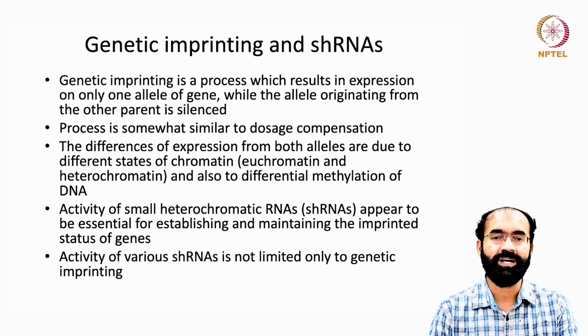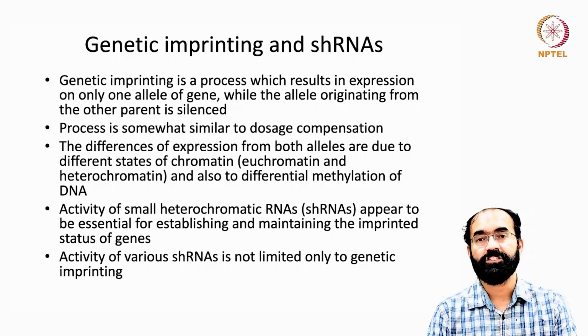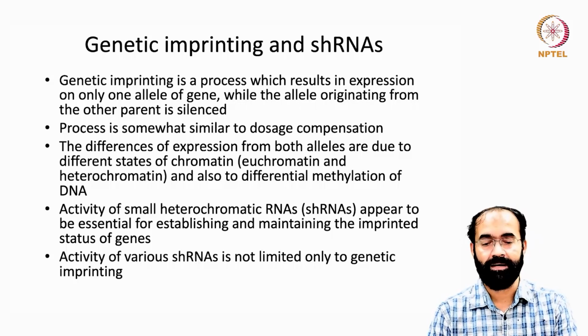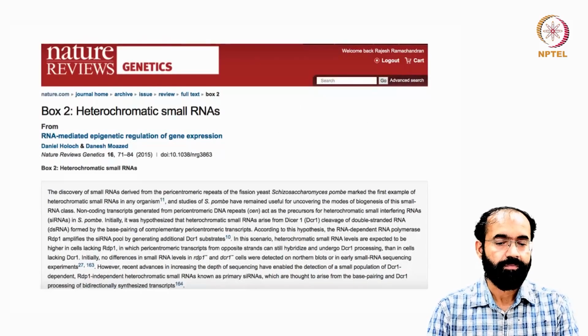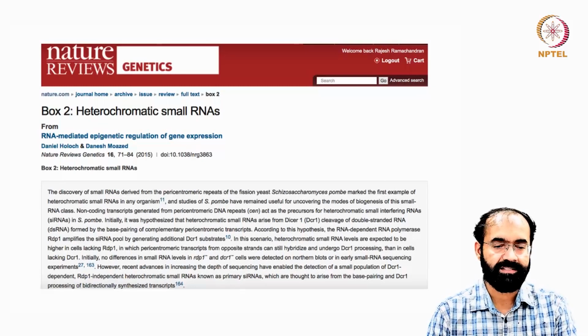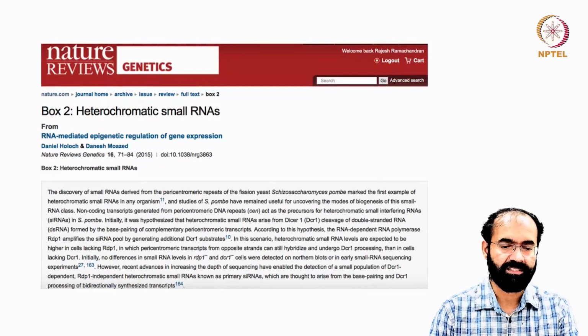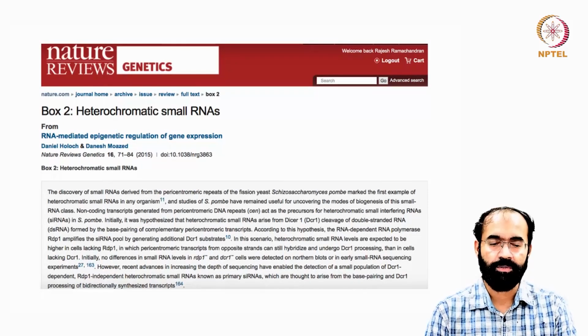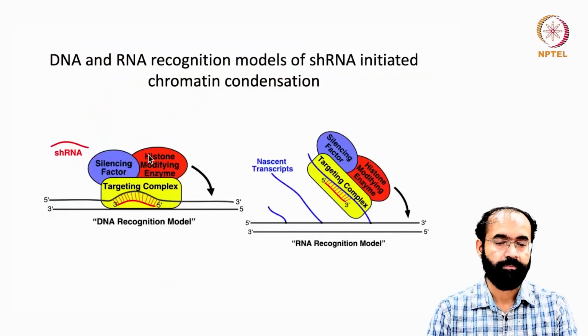So genomic imprinting is a feature that has to be strictly and effectively followed in various organisms, especially in birds and mammals. So you can read more about these heterochromatic small RNAs in this review, that is RNA mediated epigenetic regulation of gene expression. It's quite an interesting article, and since it's a review, you will be able to understand it much better.